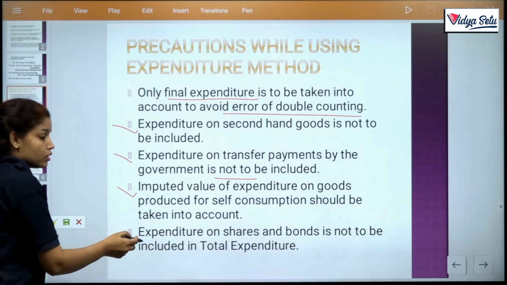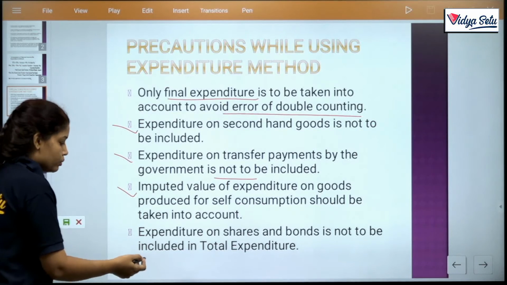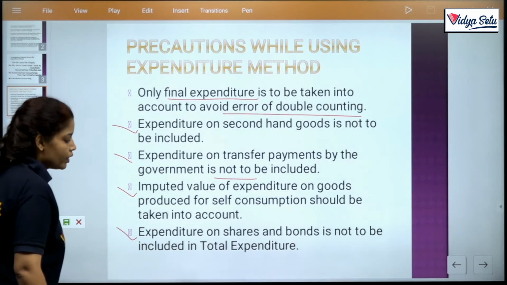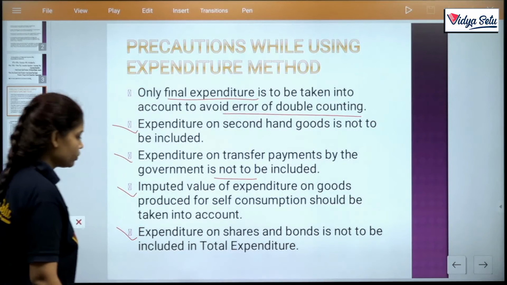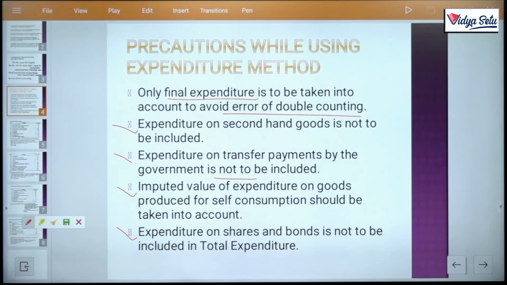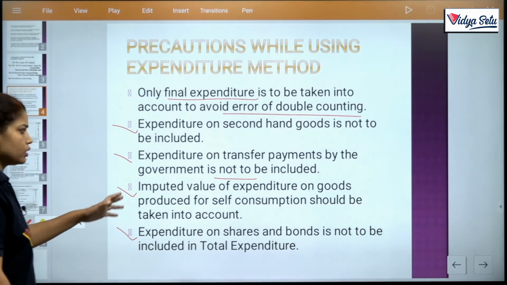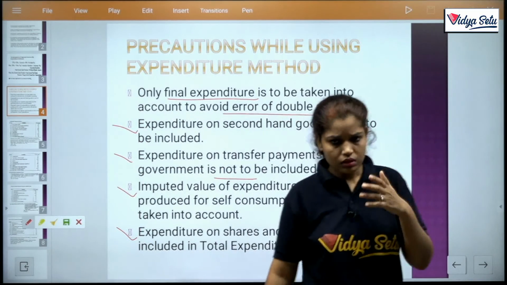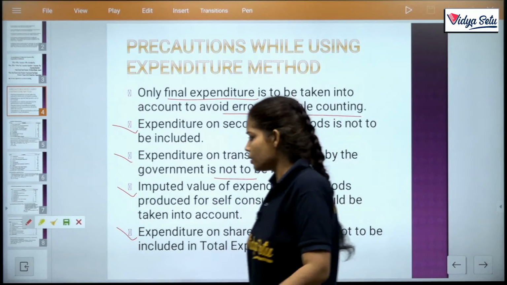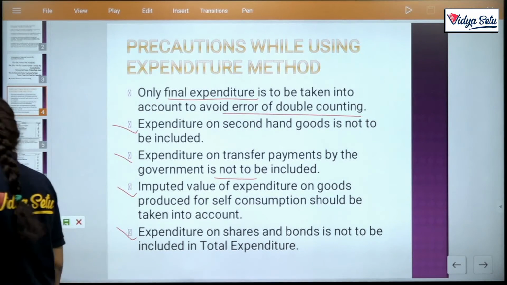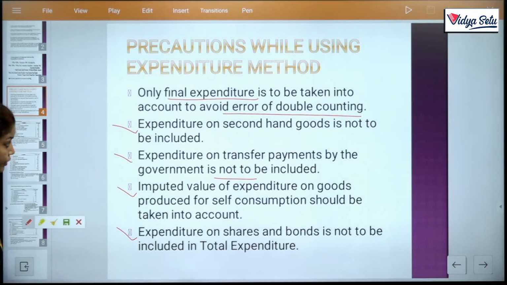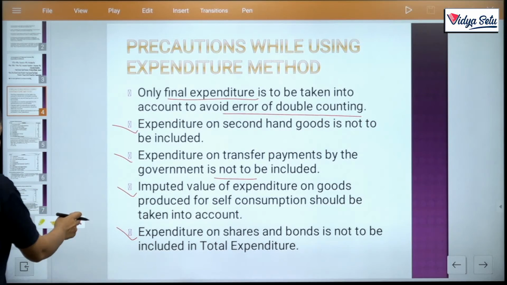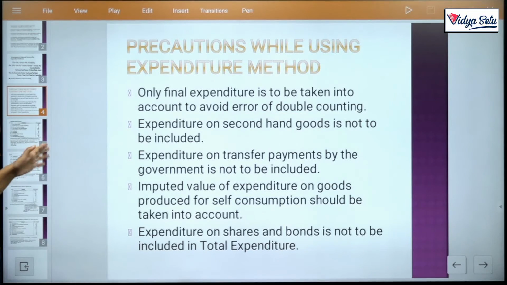Self consumption services like housewife services etc. are not considered. Expenditure on shares and bonds is not to be included in total expenditure. Clear? This is what we studied in the product method and the income method also. You just have to understand these precautions one time, and this will help you in all three methods.